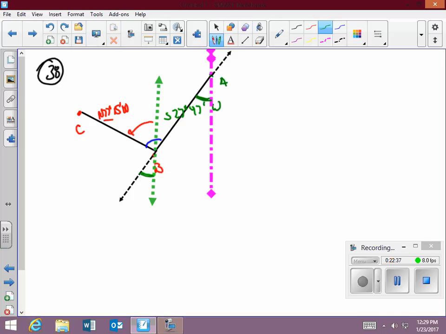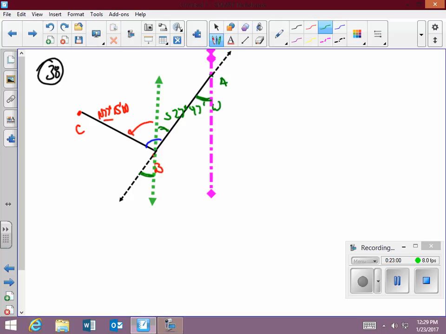And then this green line and this green line are equal. So this one right here is 27 degrees, 47 minutes.